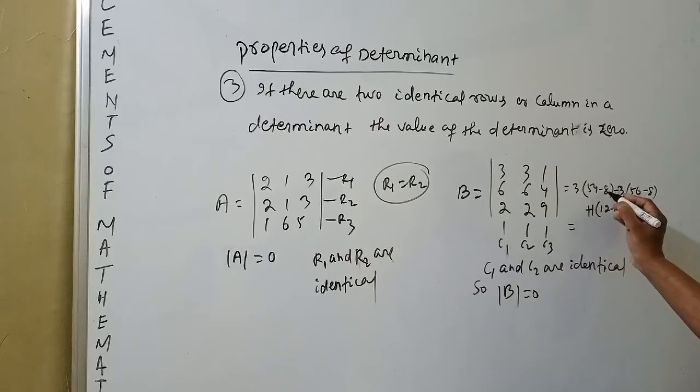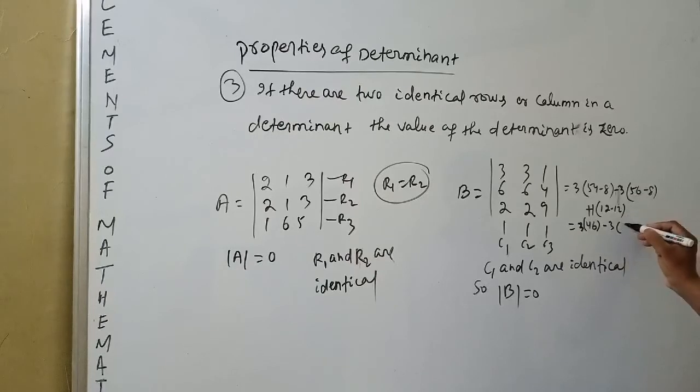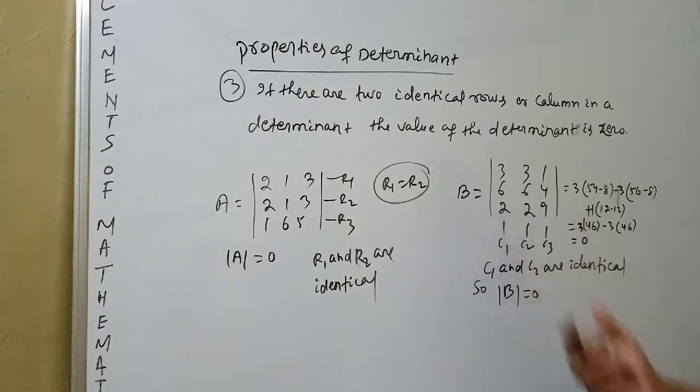Here you can get 46. 3 into 46 minus 3 into 46, this is equal to 0. So in this case, suppose any two rows or columns are identical, the value of the determinant is 0. This is your third property of determinant.